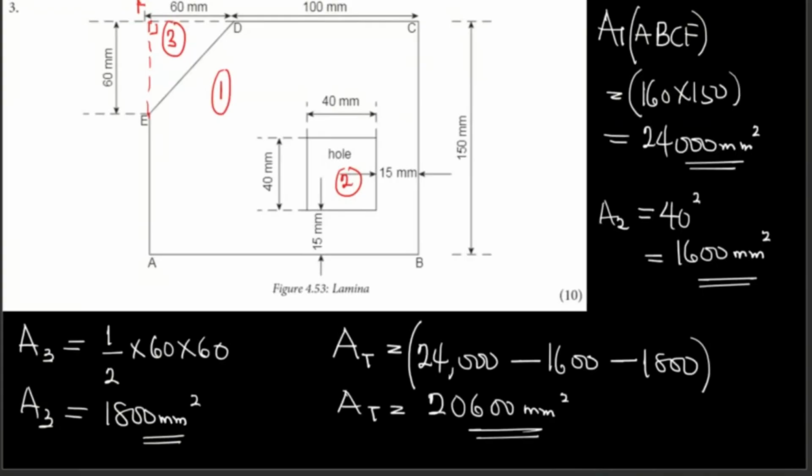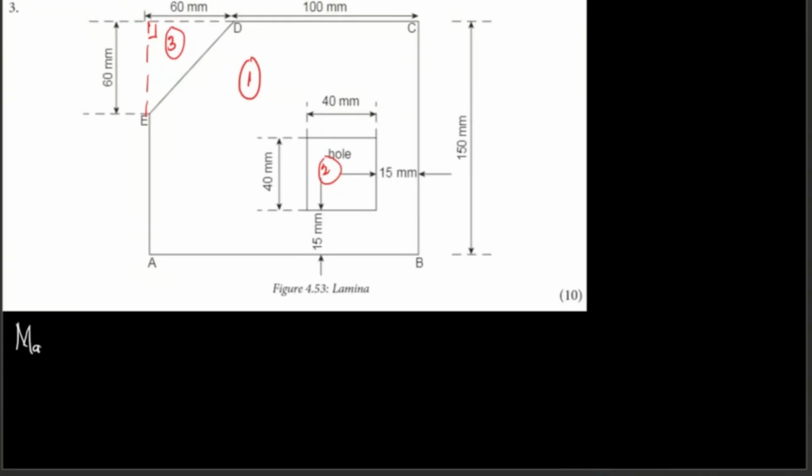So now we need to calculate exactly correct. Let's start with moment of area about Y. This is going to be A total multiplied by X bar equals A1 X1, minus, I told you the reason why it's minus, another minus again, A3 X3.